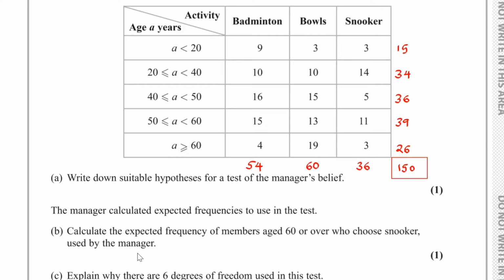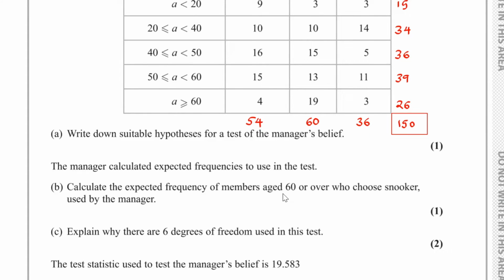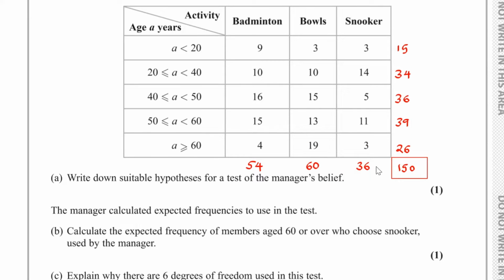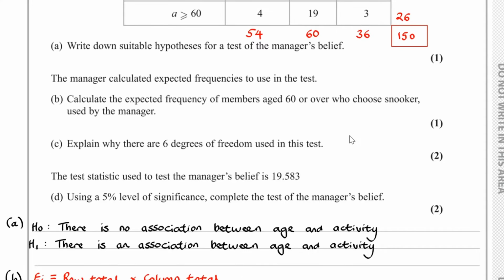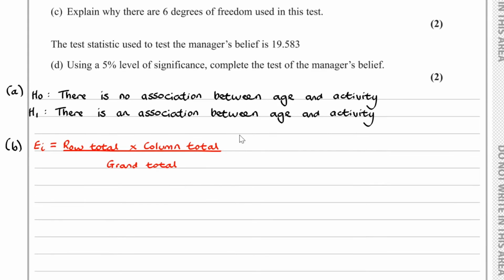So for part B, we're looking at over the age of 60, those who choose snooker, so the expected frequency would be 26 times 36 all over 150.